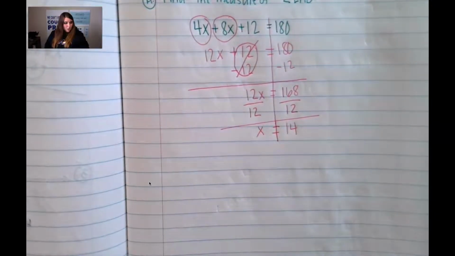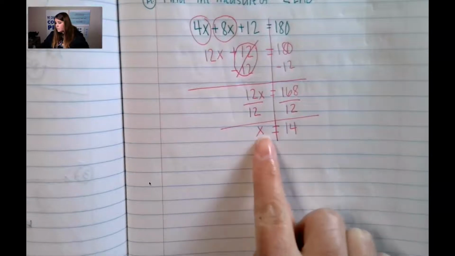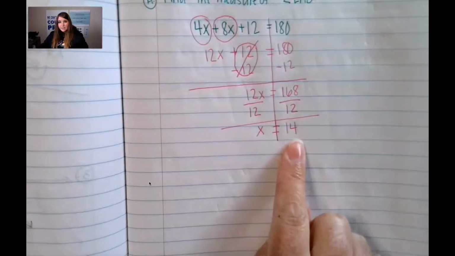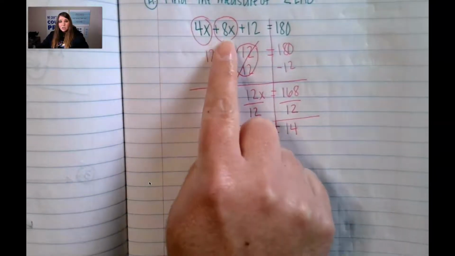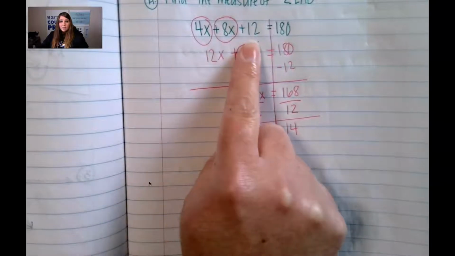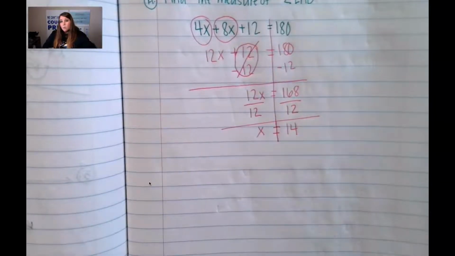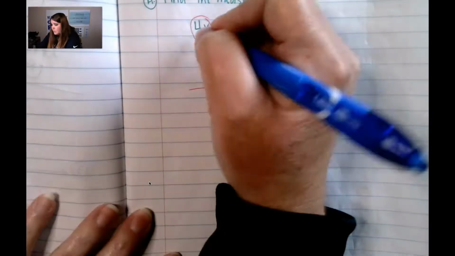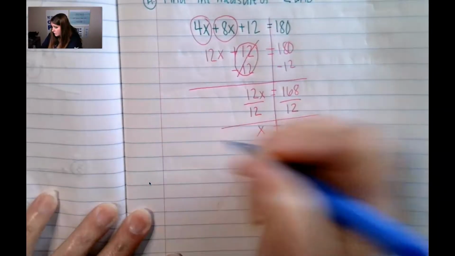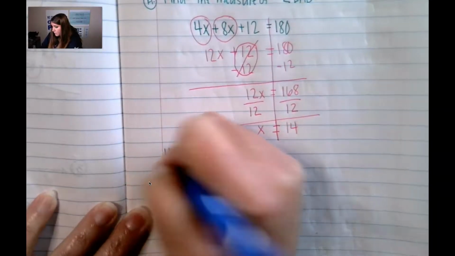Okay, so right now we are ready to put x equaling 14 into each of these pieces so we can figure out what our totals are. So we had one side here that was 4x. So one side was 4x.